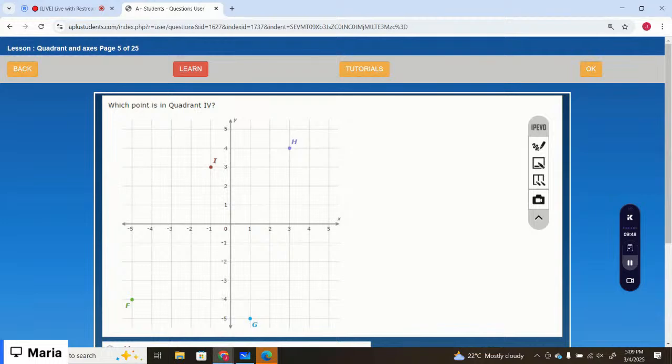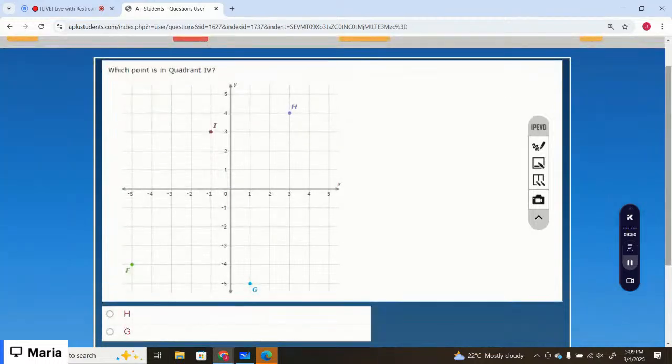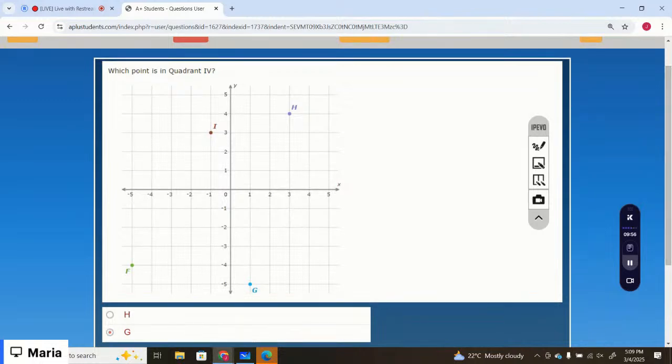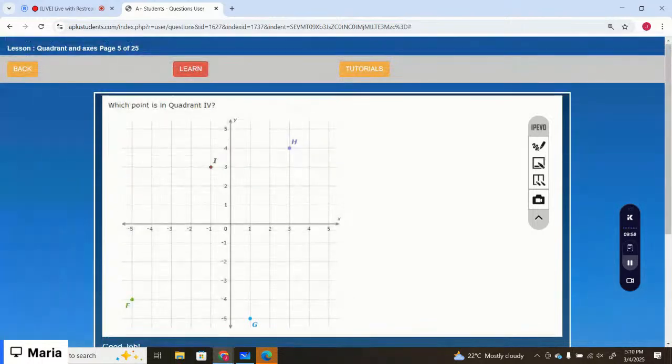Which point is in quadrant 4? Point G is in quadrant 4. The correct option is G.